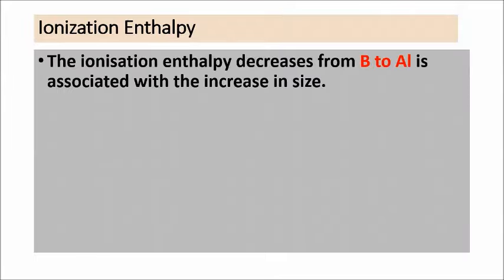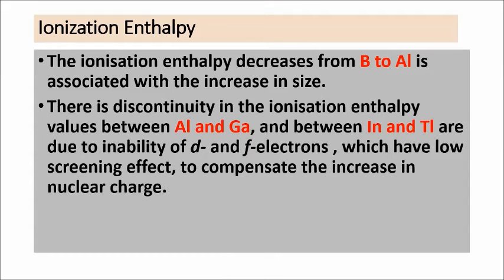Next is the ionization enthalpy among the p block elements. As we know, ionization enthalpy is the amount of energy required to remove an electron from a gaseous atom. It decreases from boron to aluminium. Going down the group, it decreases according to the increase in size.